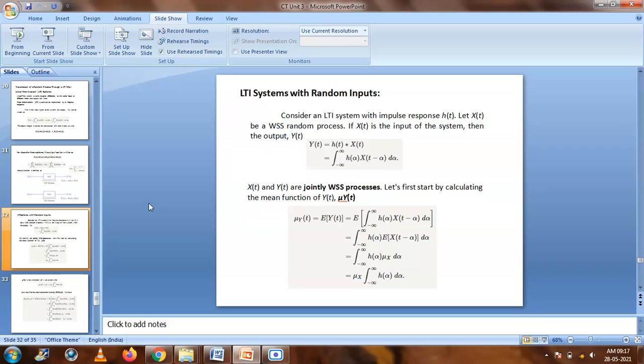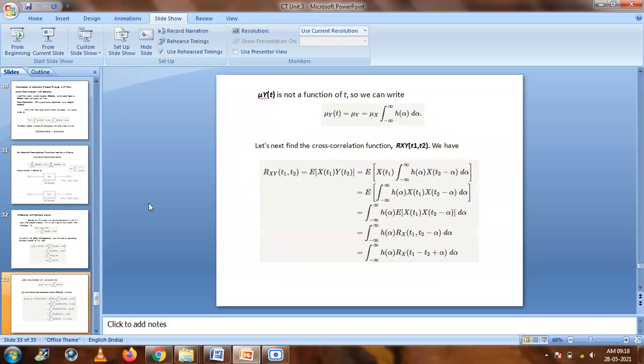Now, the LTI system with random inputs. For example, consider y of t equal to h of t convolved with x of t, a single system. If x of t and y of t are jointly wide sense stationary, then the mean value is E of y of t. The equation for the mean function is the integral from minus infinity to plus infinity of h of alpha x of t minus alpha d alpha.